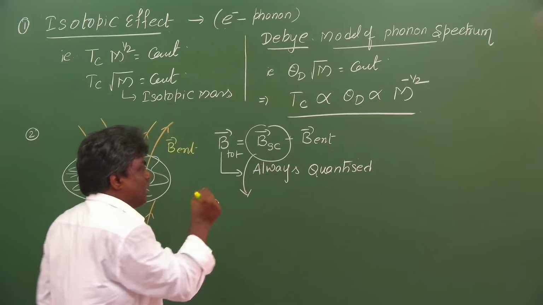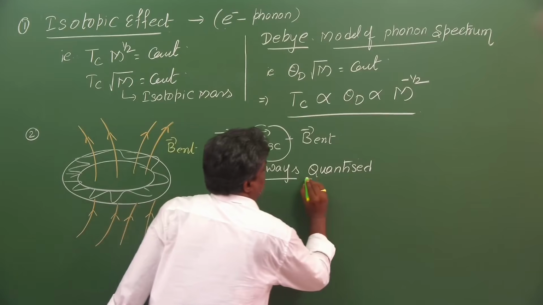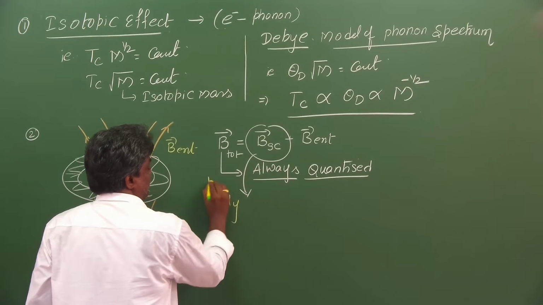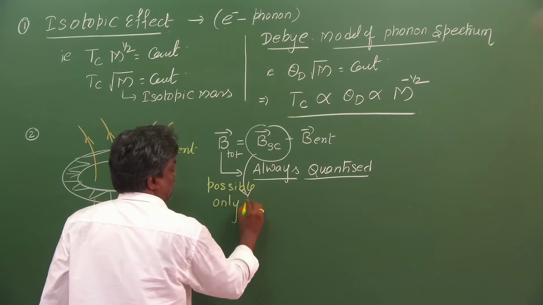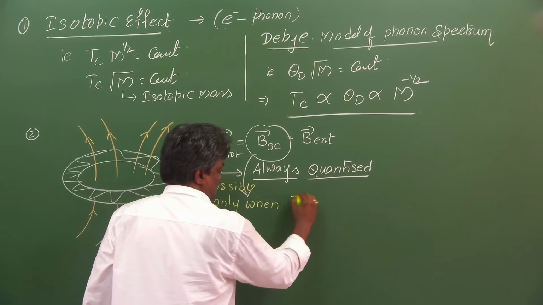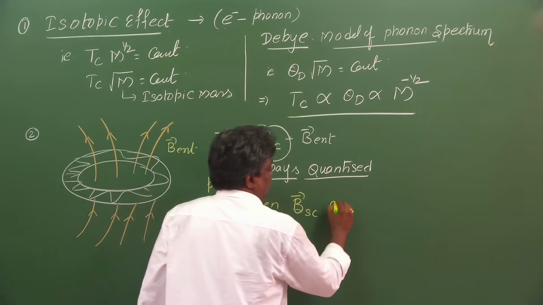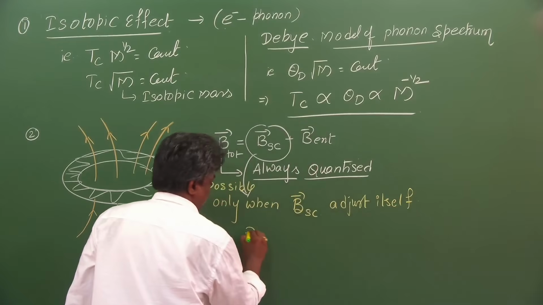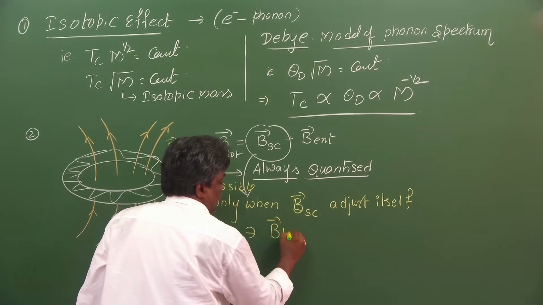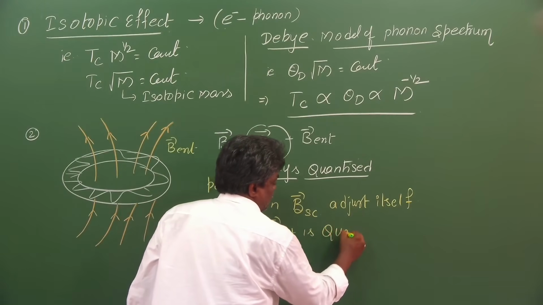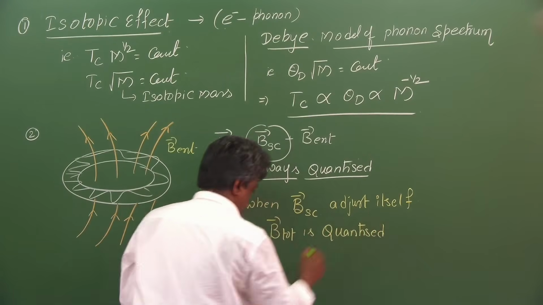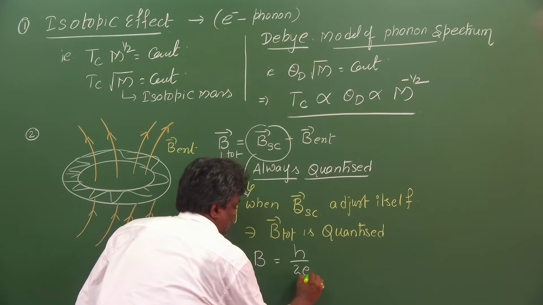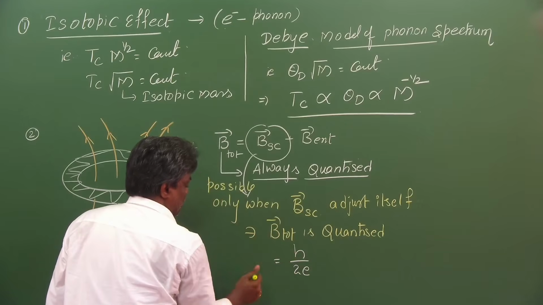So B in the superconductor adjusts itself such that B total is quantized. I don't know how many of you remember that it is nothing but h by 2e, and we call that a fluxon.